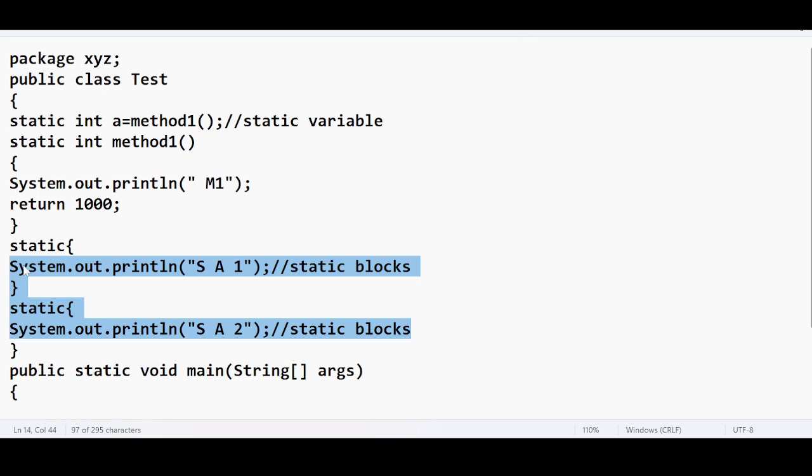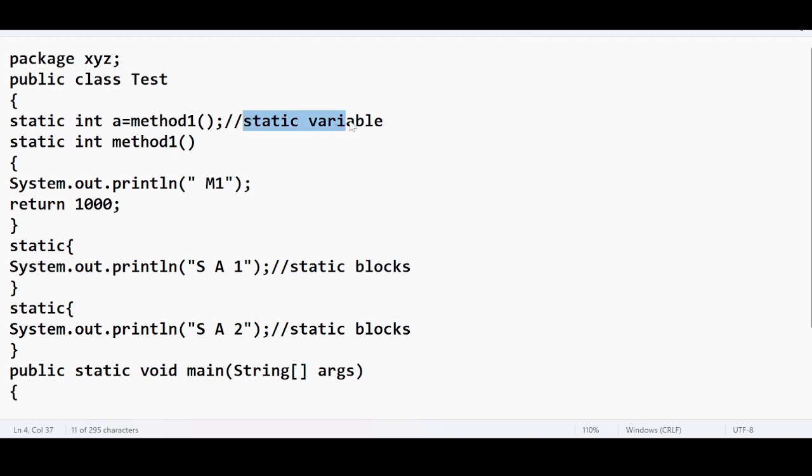First let us talk about the sequence. From top to bottom, the first instruction is reserved for the static variable. Then there is a static method, of course, but it does not get recognized automatically. For that, a method call is mandatory, so we skip this.